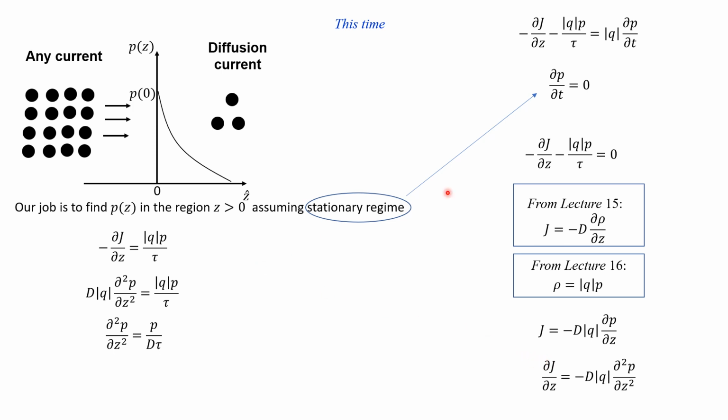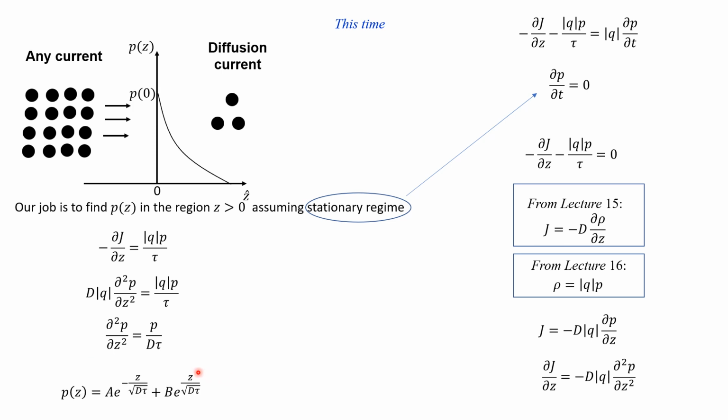Okay, so moving this term to this side, we get this expression, and now we can use this equation for the derivative. We have a negative sign here and also a negative sign here, so they cancel. We get a positive sign, and then we can move D to the other side and cancel the q's here, and we get this differential equation.